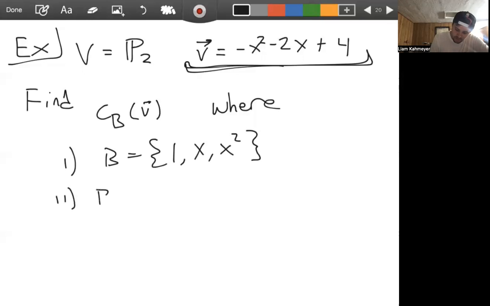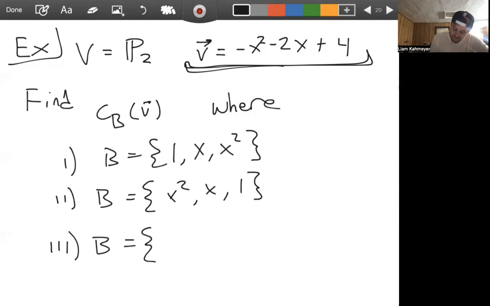Next, B is x squared, x, 1. And thirdly, the basis is x plus x squared, x, and 4. Okay, so let's do that.